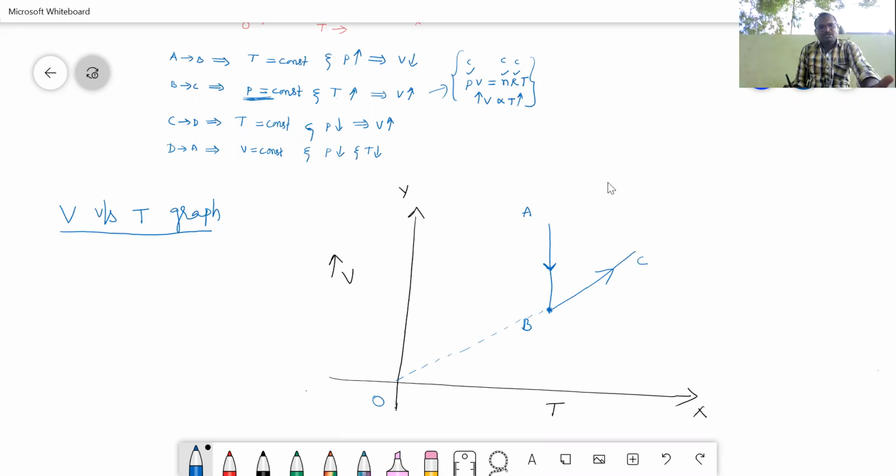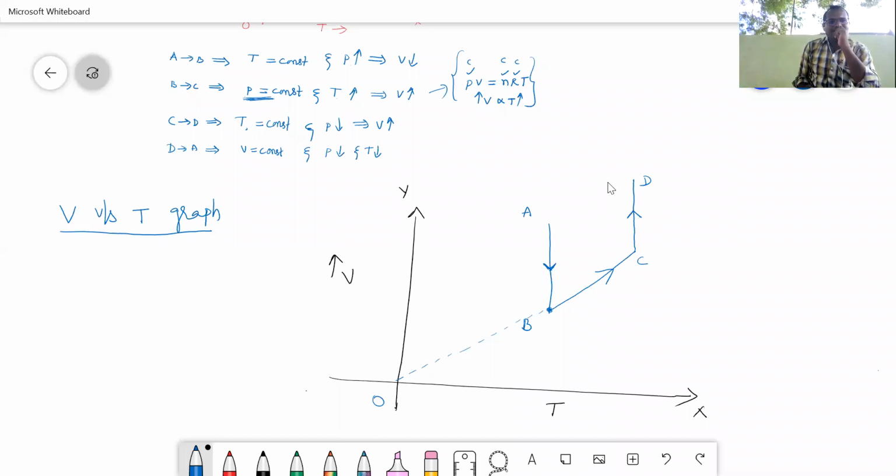Now, C to D, what happened? Again, temperature constant. Means vertical line. Up or down, let us check. Pressure is decreasing. Means volume increasing. Volume increasing means it is upward. I came to point D. Okay.